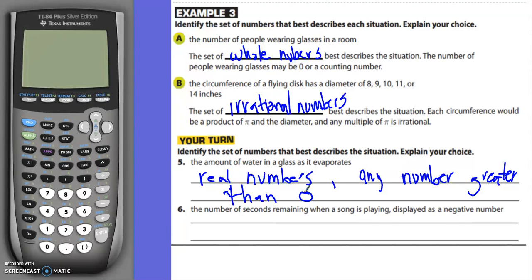However, I can't be any more specific than real numbers because I can't guarantee that it would be irrational or rational. It just has to be greater than 0.